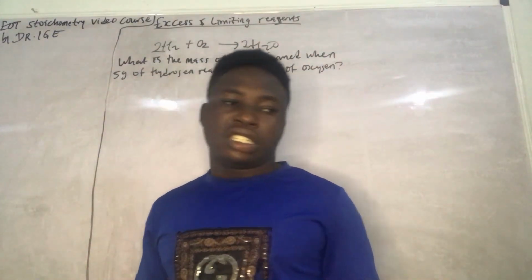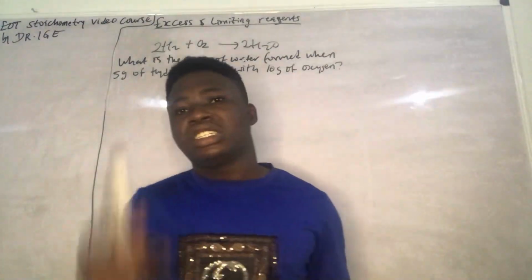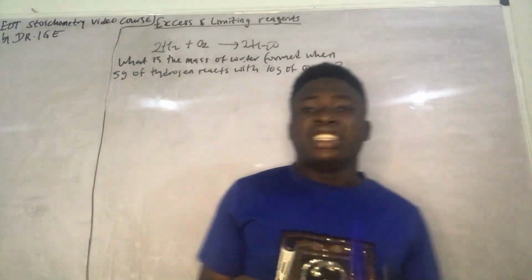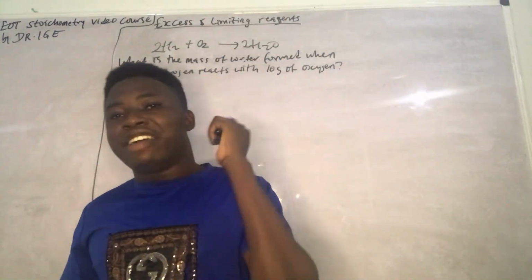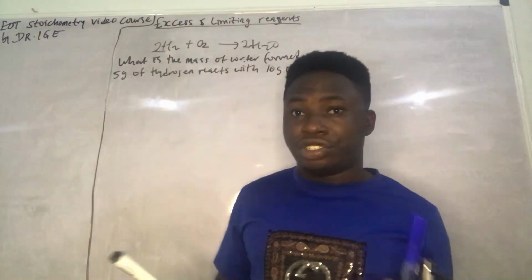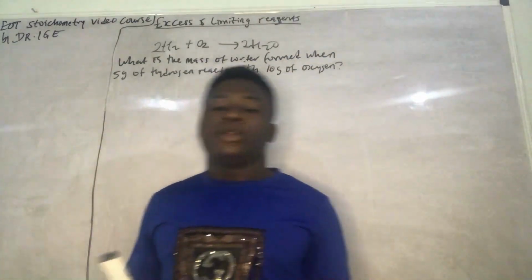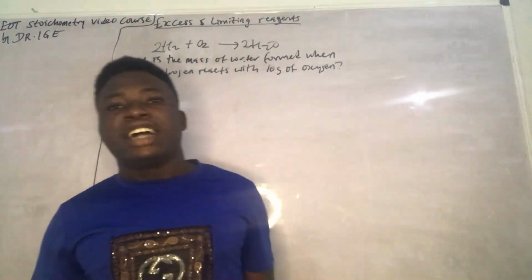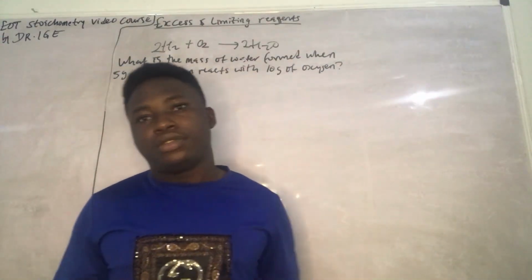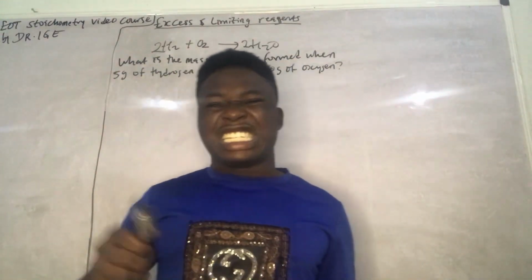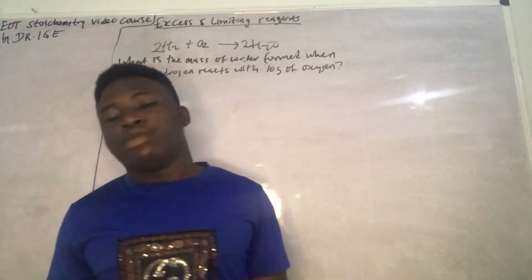Now the main logic is this: if this is hydrogen and this is oxygen, and I have 10 grams of oxygen here and 10 grams of hydrogen here, 10 each, right? And to produce a certain amount of water, I need 15 grams of oxygen.